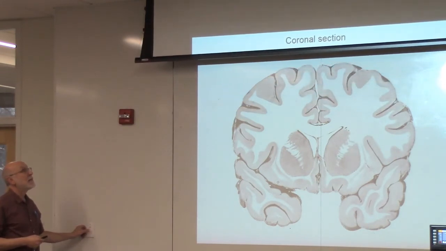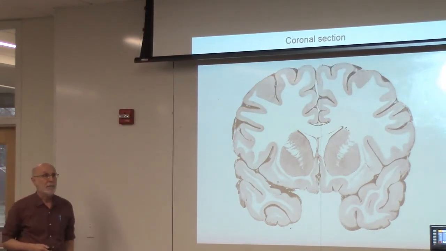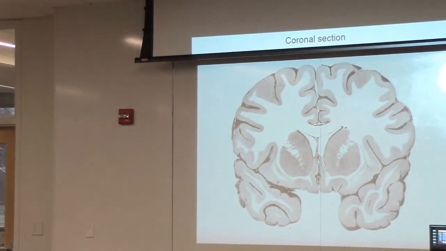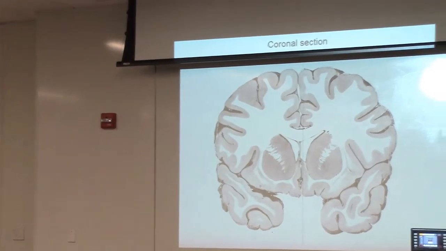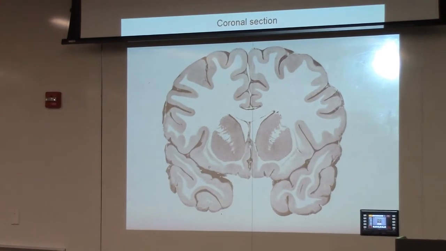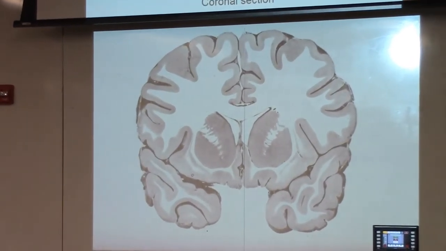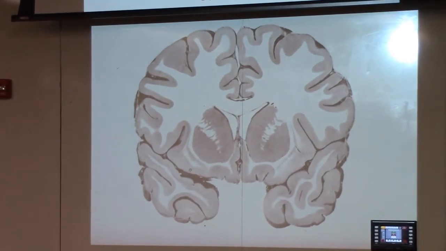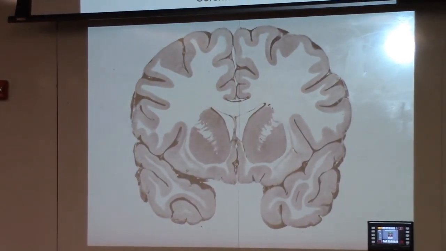The thalamus is not in this coronal section. But there are things you can label here. Who was next? You were next? Okay. There are things that you can label based on what I told you from the sagittal section, and I want to see if you can figure it out. So let's play over here now.